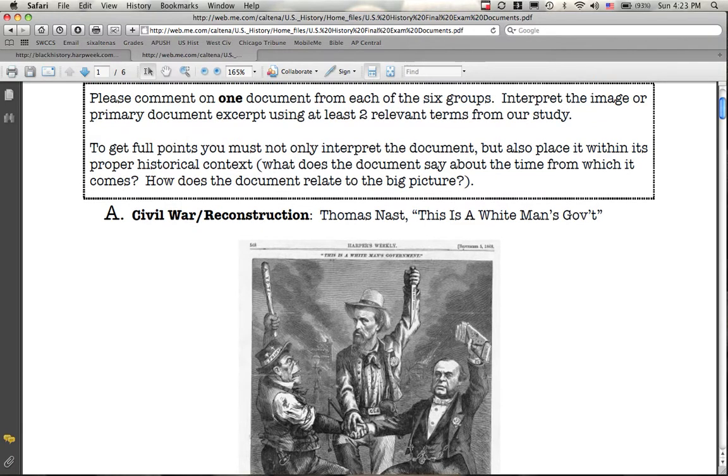One, you describe what is being said in the document, what is going on in the document. And then you put it in a larger context. What does this say about, in this case, the Reconstruction or the larger history, things that happened before, things that happened afterwards. And then, of course, you're required to use at least two relevant outside terms.